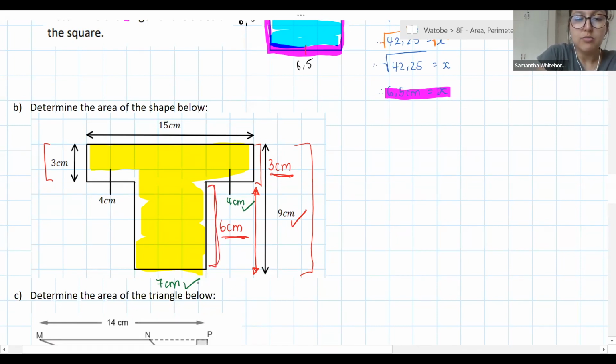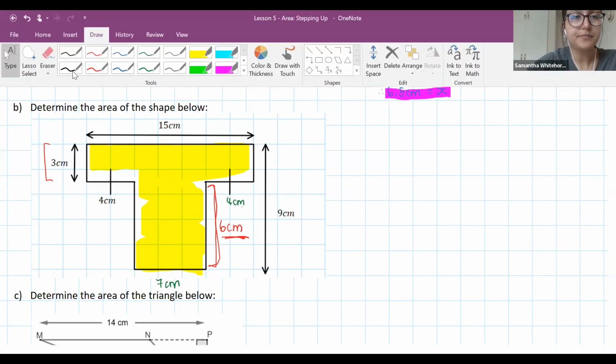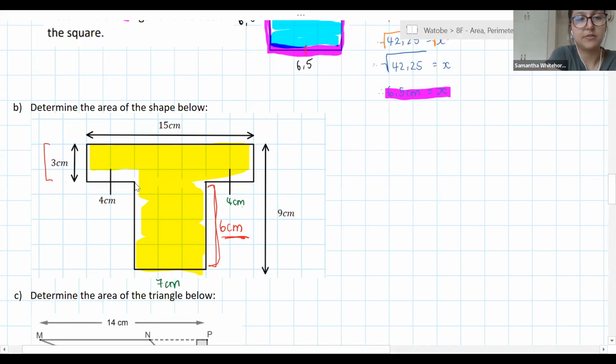Again, you might see slightly different shapes to what I see, and that's absolutely fine. The shapes I can see here are basically 2 rectangles. I've got a long, skinny rectangle at the top, and then a shorter little rectangle at the bottom. So if I want to work out the area of this T shape, I can work out the area of those 2 rectangles and then add them together.